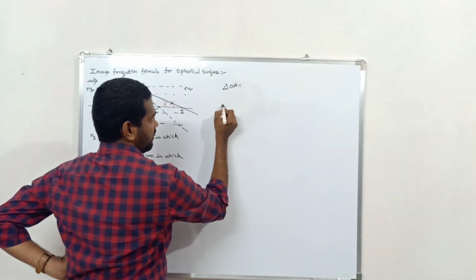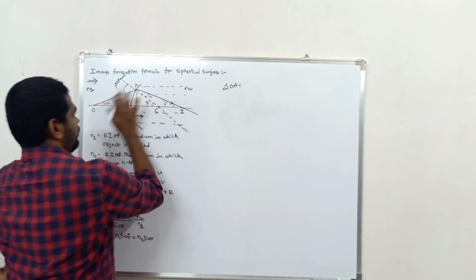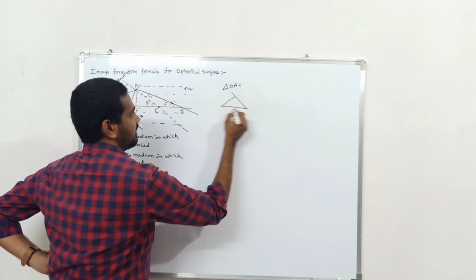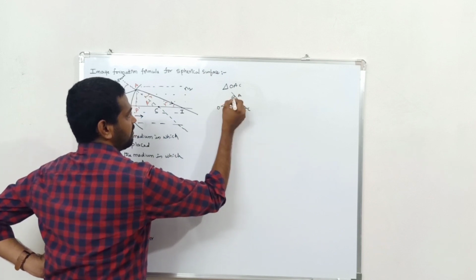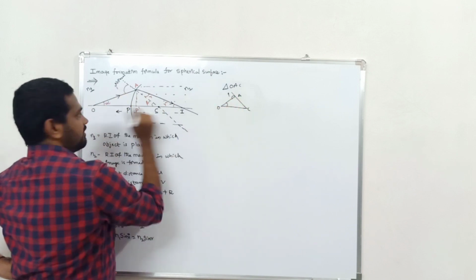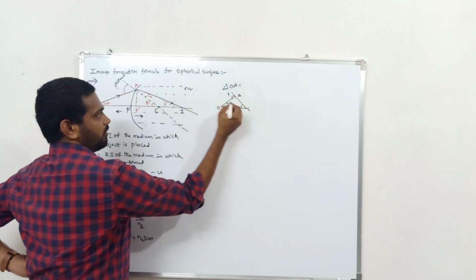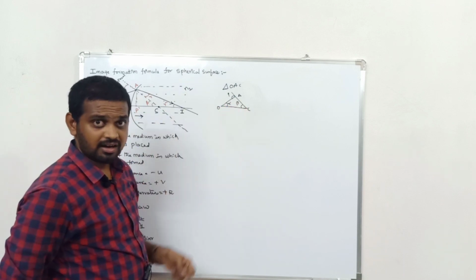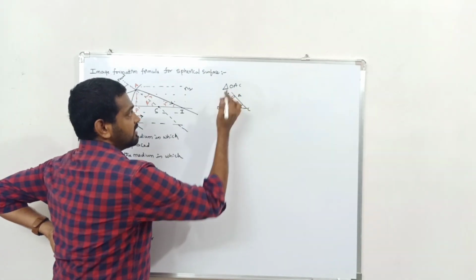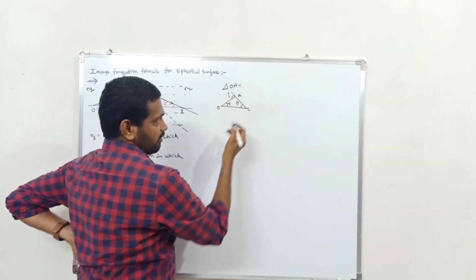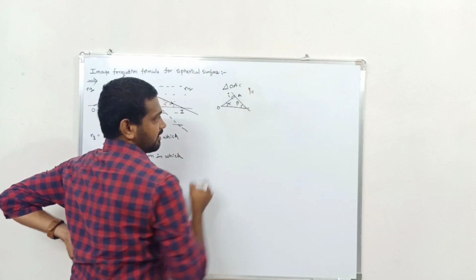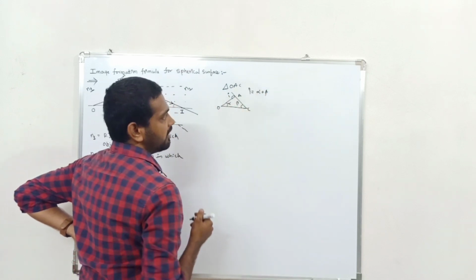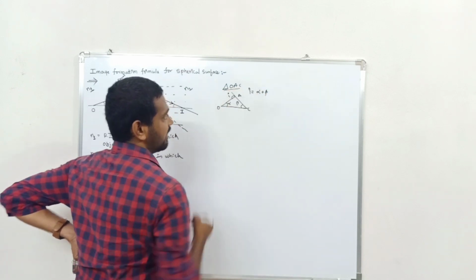Carefully observe, children, I am going to draw the triangle OAC, so you will get the triangle like this. Here you will get the angle of incidence. This is alpha and this value is beta. If you observe the triangle, alpha and beta are the interior angles, and the angle of incidence is the exterior angle. As per the rule, the exterior angle is equal to the sum of the opposite interior angles. So i can be written as alpha plus beta from triangle OAC.